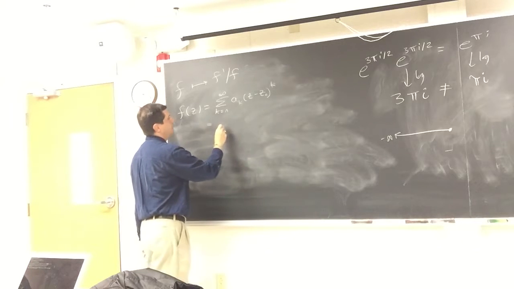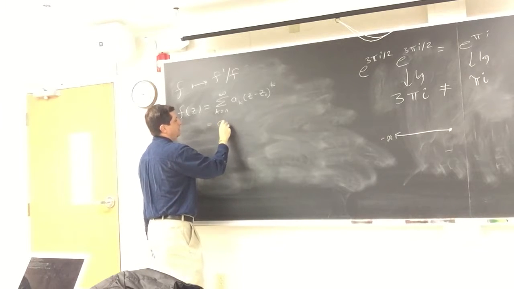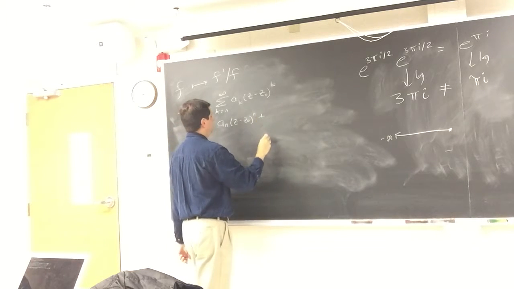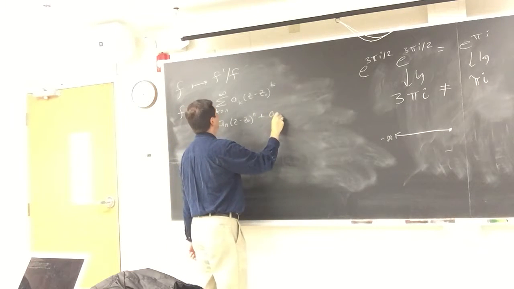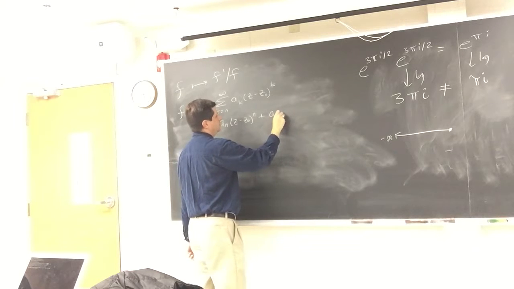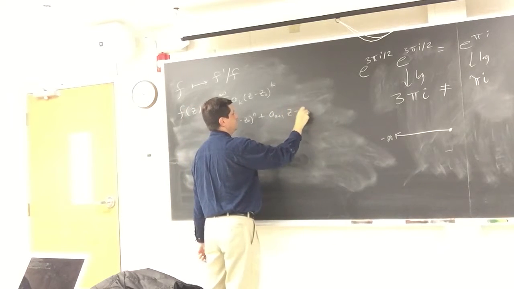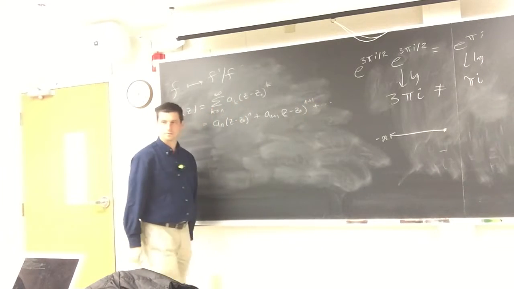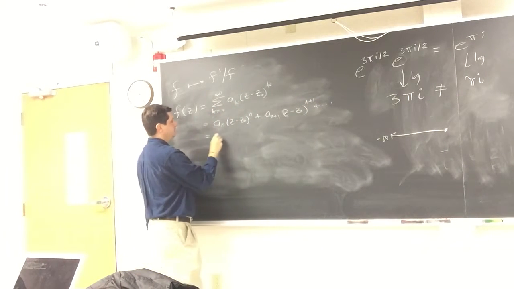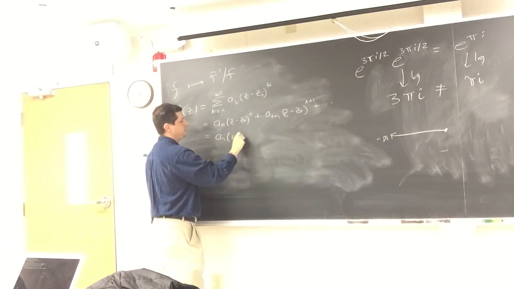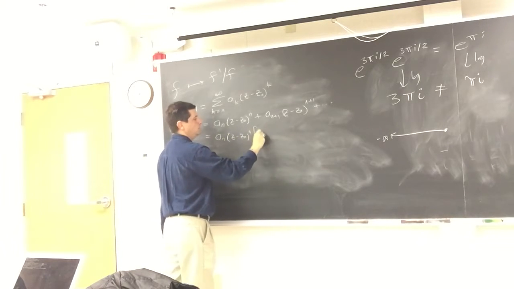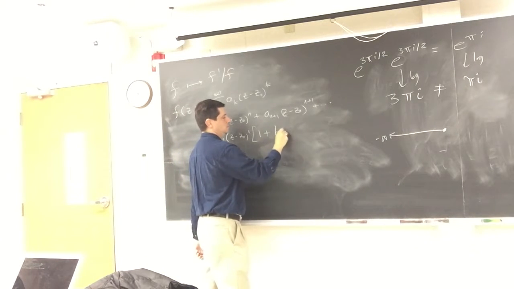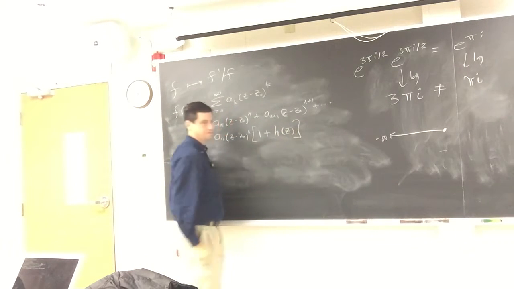So we can write this as a_n (z minus z naught) to the n plus a_{n+1} (z minus z naught) to the n plus 1 plus dot dot dot. We can write this as a_n (z minus z naught) to the n times 1 plus h of z.